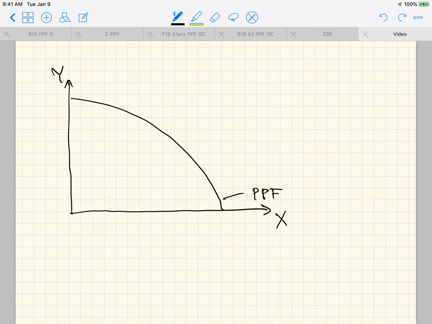So if you are sitting at this point where you have that much of good X and that much of good Y, and then you feel like having more of good X, which means you want to go further right. And let's say you go as far as this point, XB. Well, the thing is that given this constraint, this PPF curve, you cannot simply go right.